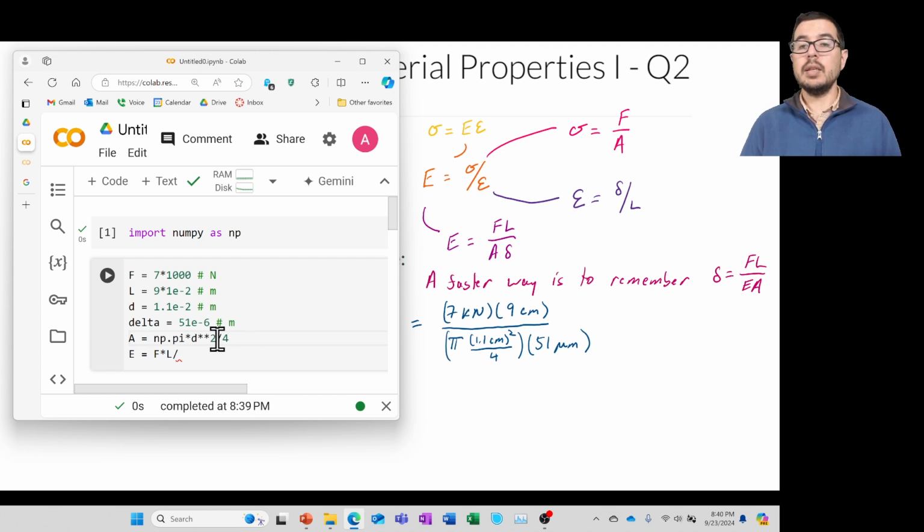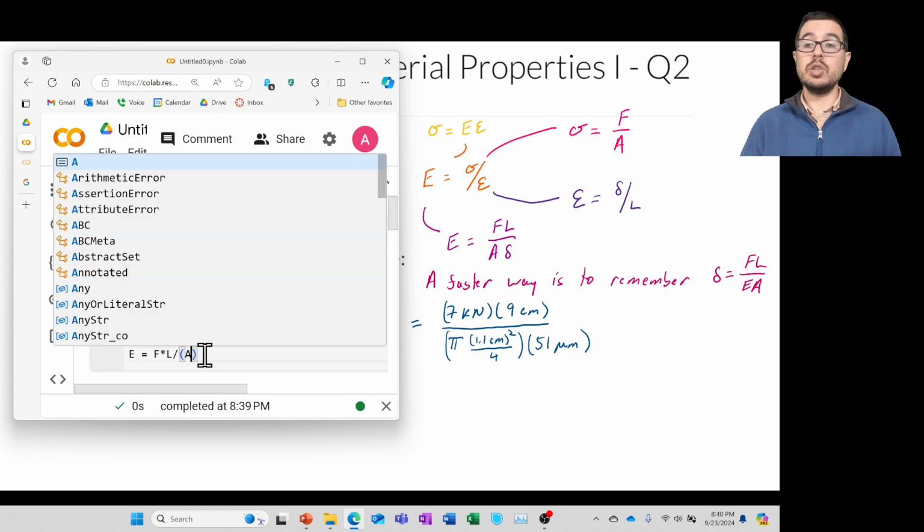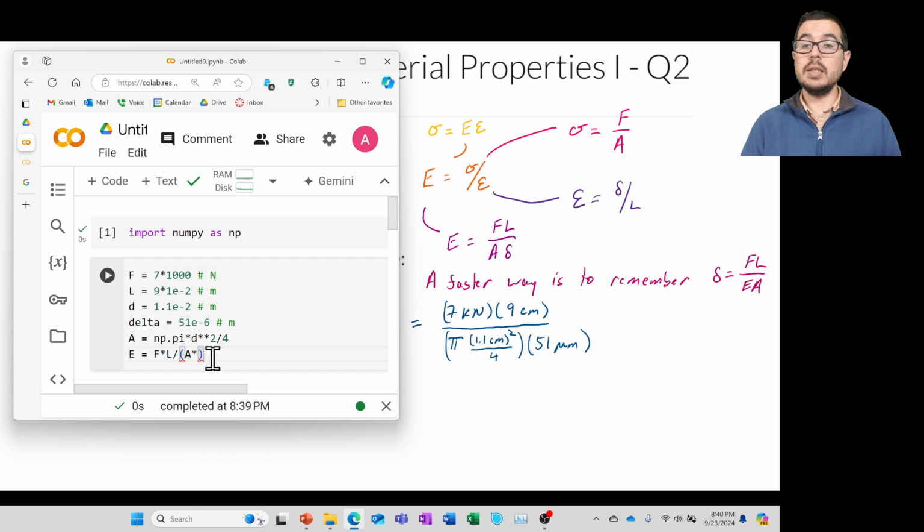So now I've got A in the denominator, making sure that I add parentheses so that both the A and the delta end up being in the denominator instead of just A. And that's just part of order of operations.